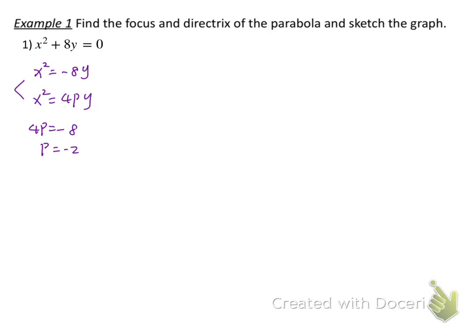Okay, so p equals negative 2, and you have an x squared term, which means this is a parabola that opens upward or downward. P is negative 2, this is the focus. And when p equals negative 2, the directrix will be positive 2. Let me make it dotted. So y equals 2 will be the directrix.